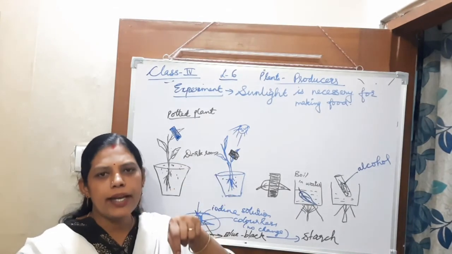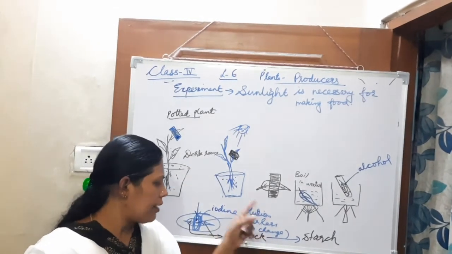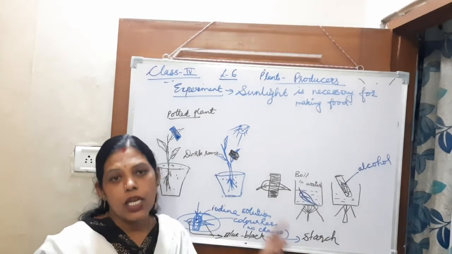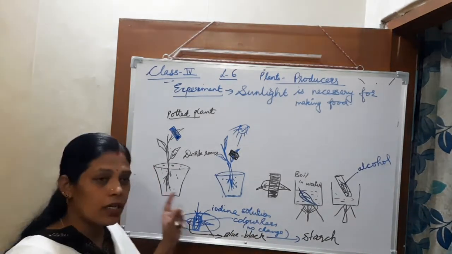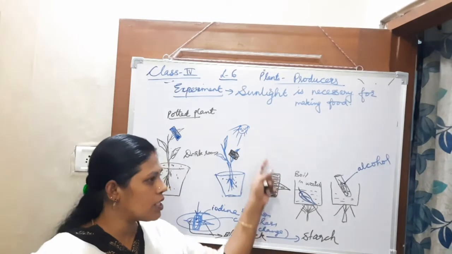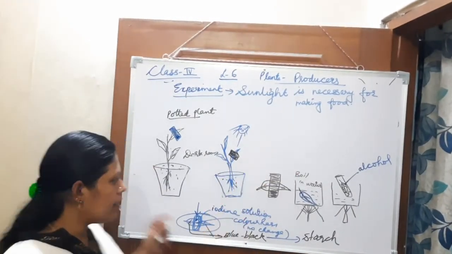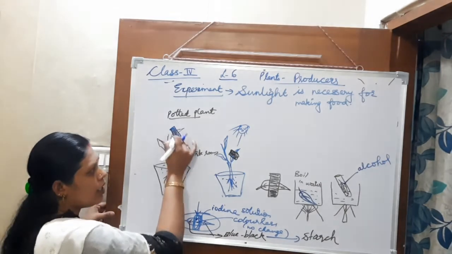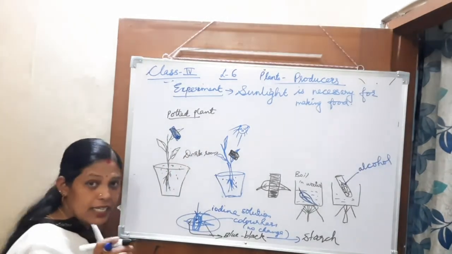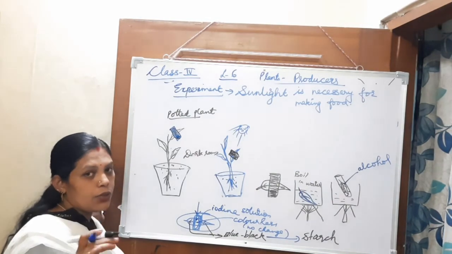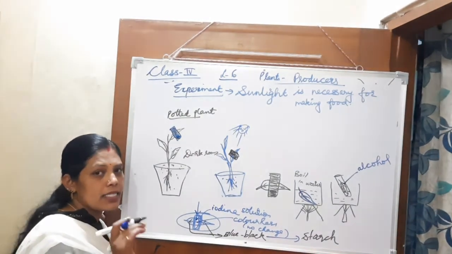If you pour iodine solution into it and it changes into blue black color, it means it contains starch. Here this portion contains starch because it got the sunlight. The rest of the portion was covered, so that portion didn't get the sunlight, so it couldn't prepare the starch.